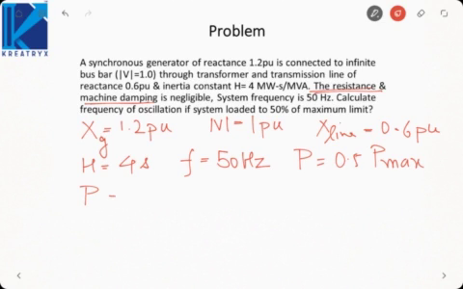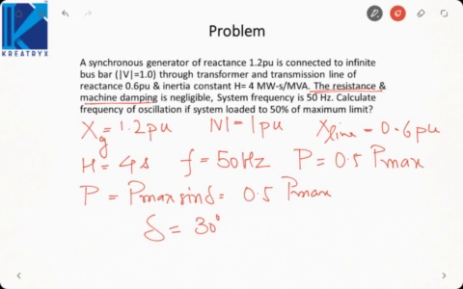Now one thing we know is that P is equal to Pmax sine δ. Now it is given to me 0.5 Pmax. So from here I can calculate δ. It will be 30 degree. Now since we know δ, we know the frequency of oscillation omega.